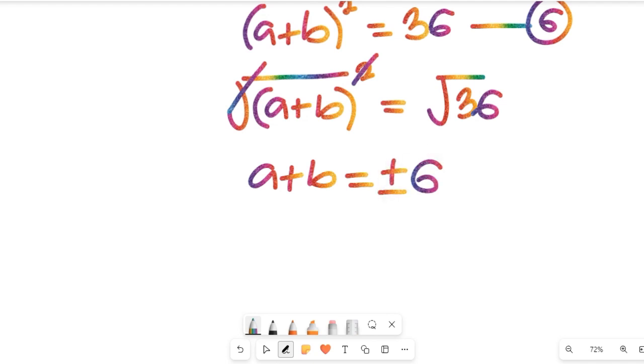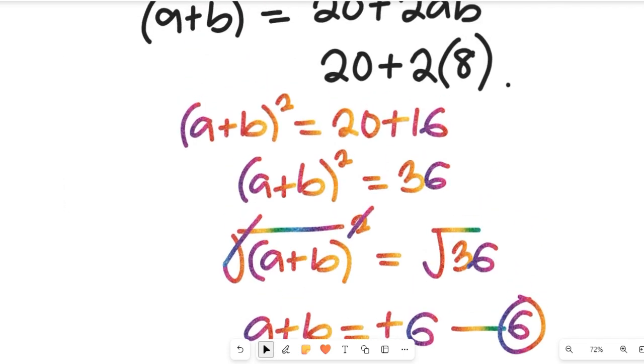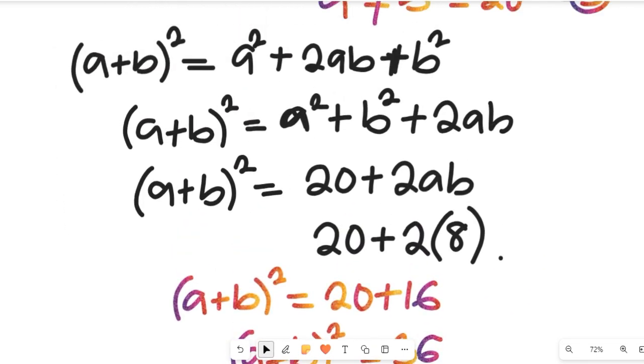So if a plus b is equal to plus or minus 6, let that become equation 6. So what do we do from here? We have gotten a plus b to be plus or minus 6.